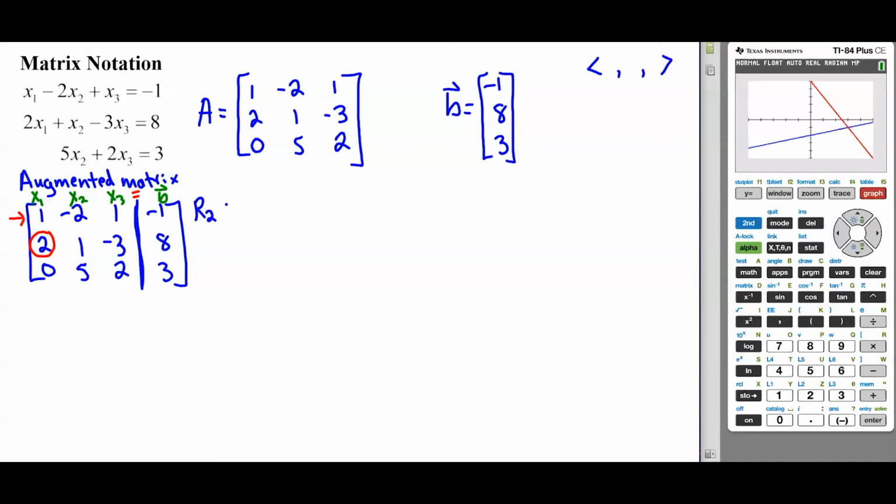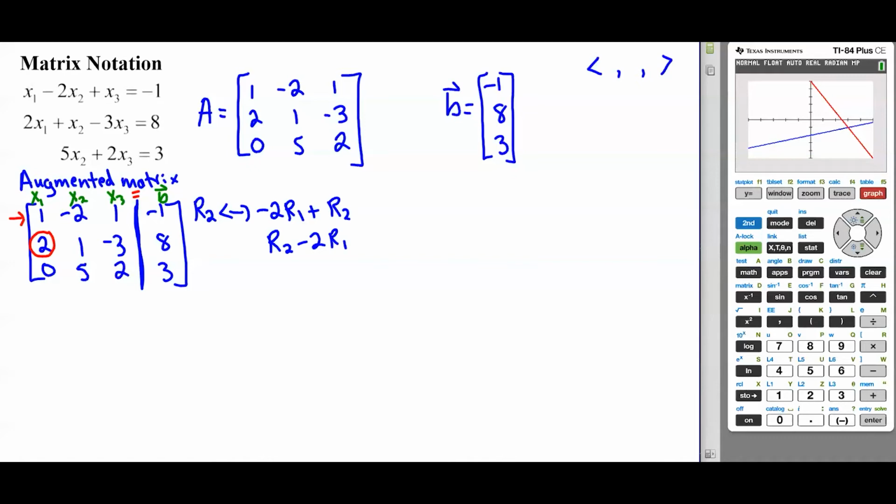So I'm going to say replace row 2 with this new row. And what row do I want to replace it with? Well, I want to multiply the first row by -2, and add it to the second row. And you could also write it this way. You could say R2 minus 2R1 if you wanted to. Take the second row, and subtract 2 times the first row.